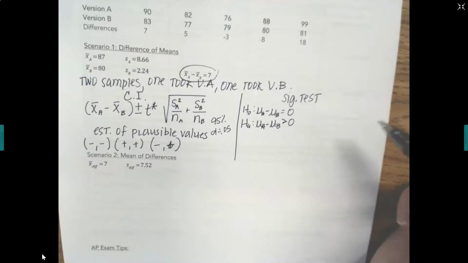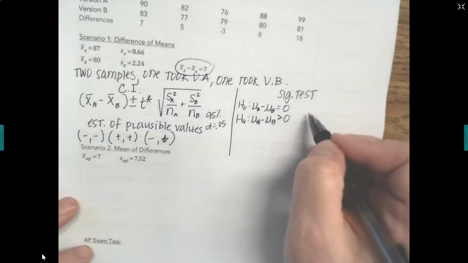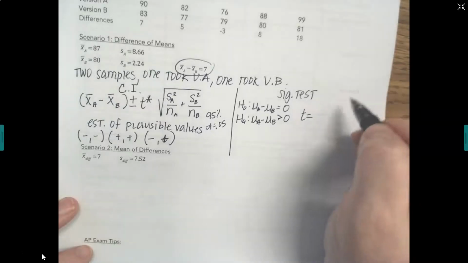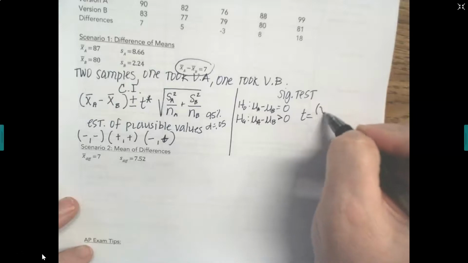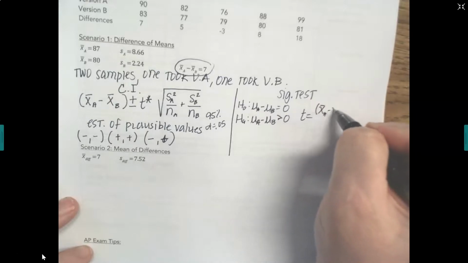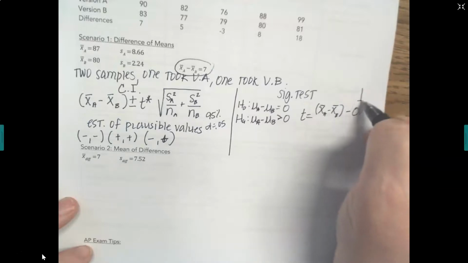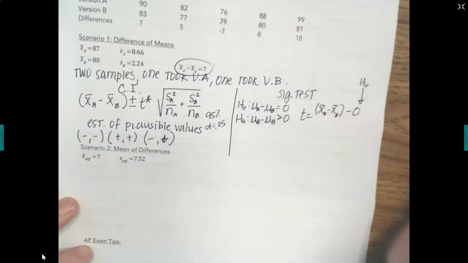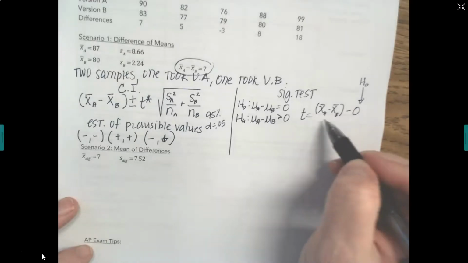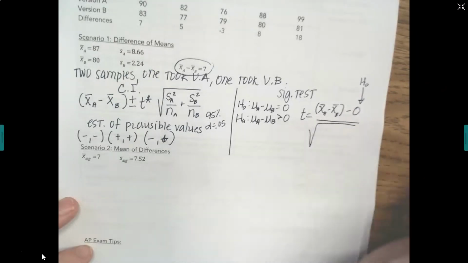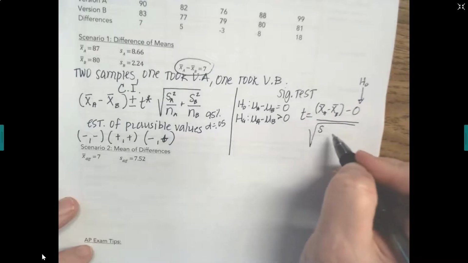Then you would find your test statistic. So in this case, it is a t-test because it's a means problem. To get your statistic, remember it's x bar A minus x bar B minus 0 because that is our null. Okay? Divided by, and then we're going to use that same standard error formula where you have to use the variance.